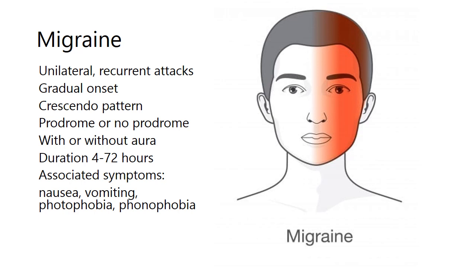And now what we mean by prodrome is that people will describe a manifestation of migraine well before the pain starts. This is a really important thing to explore within the history: if a patient presents with unilateral headache, do they notice anything that precedes this?